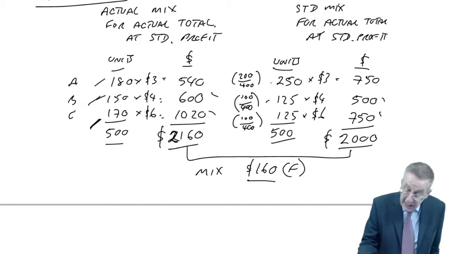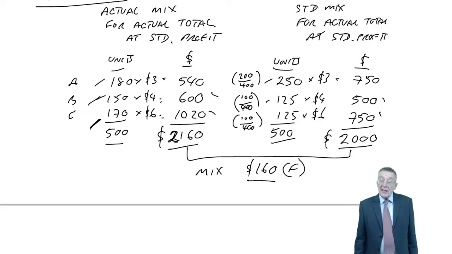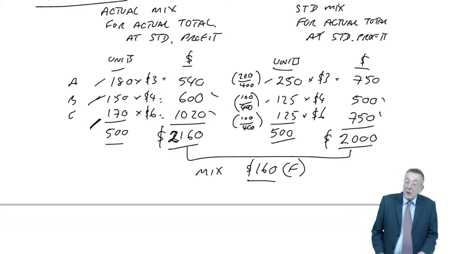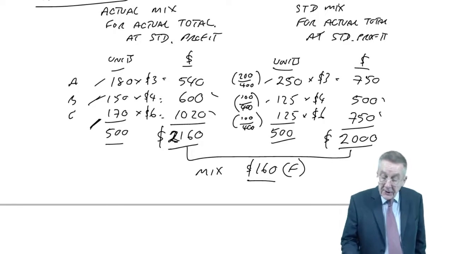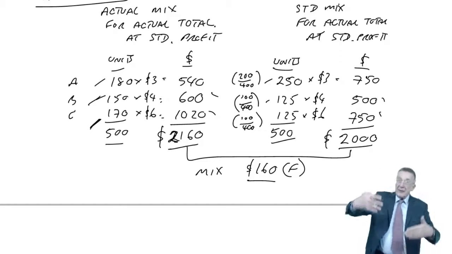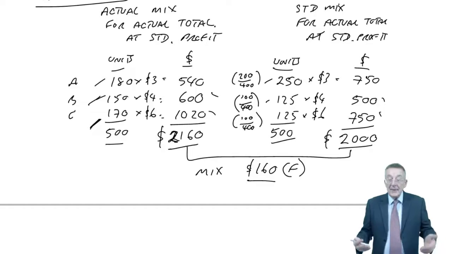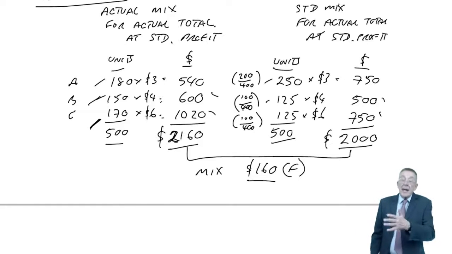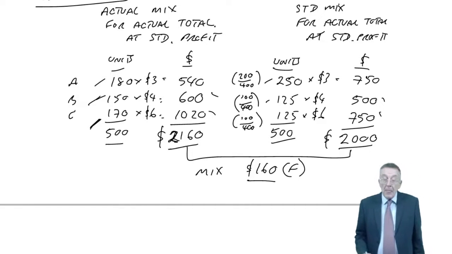A, we've sold a lot less, 70 less, but that was the least profitable, so that lost us money. So less of the least profitable and more of the more profitable has given us an overall gain. We've gained 160.